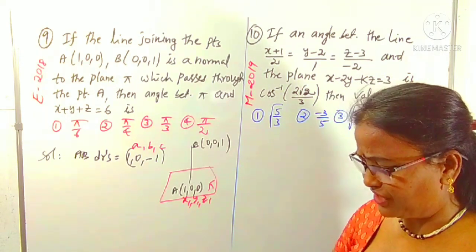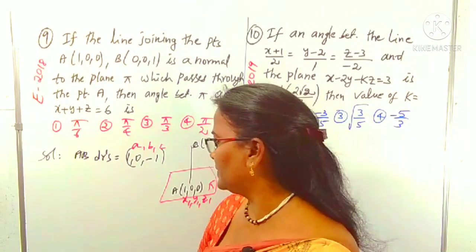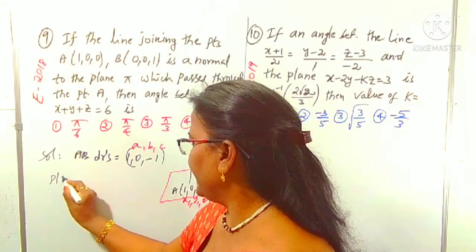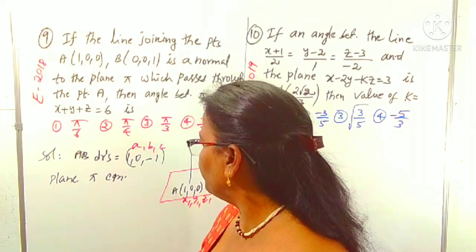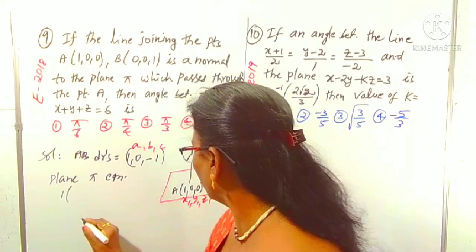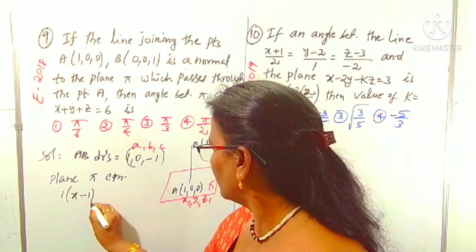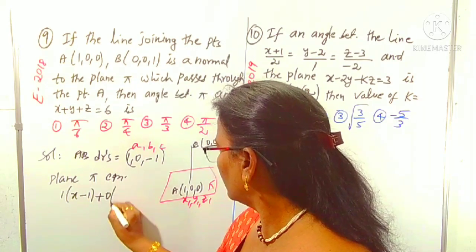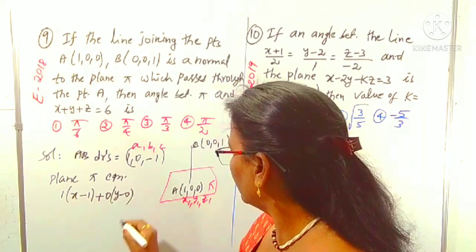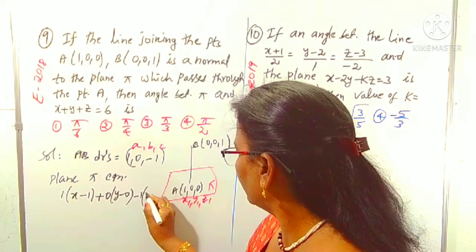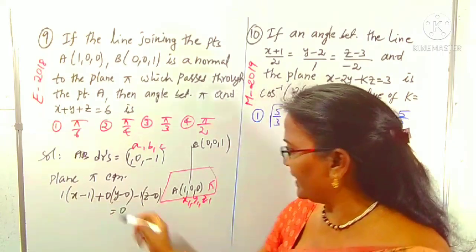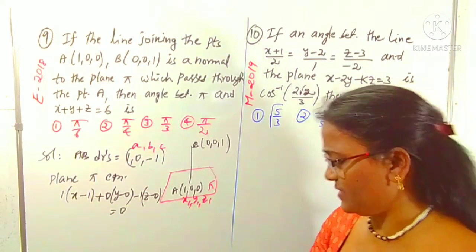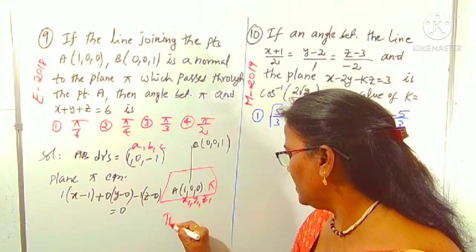Now we can find out the equation of plane pi. The equation is simply, you can get it as given in the previous session. This we have to remember.